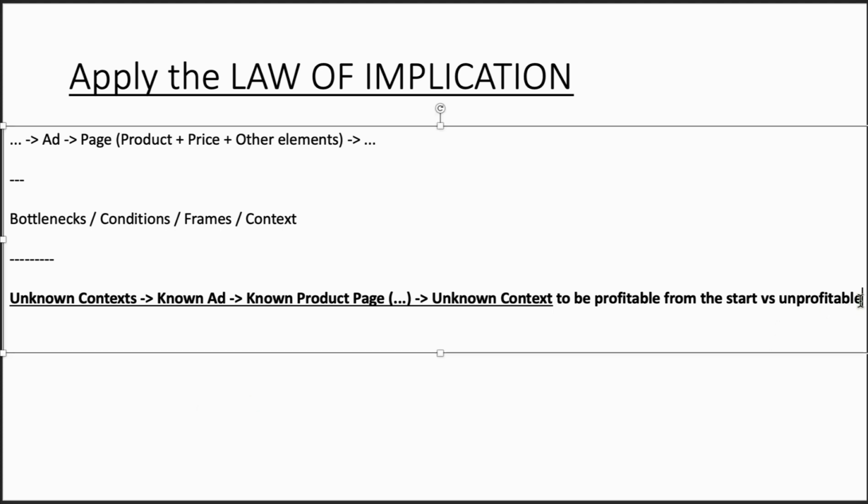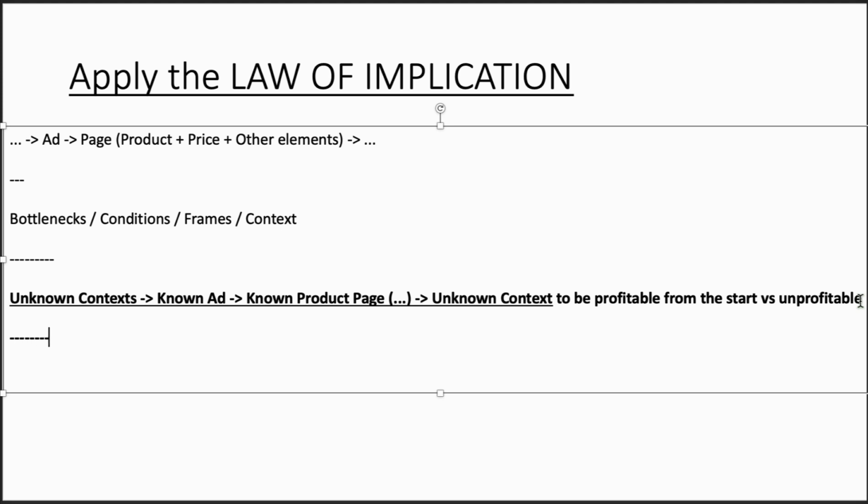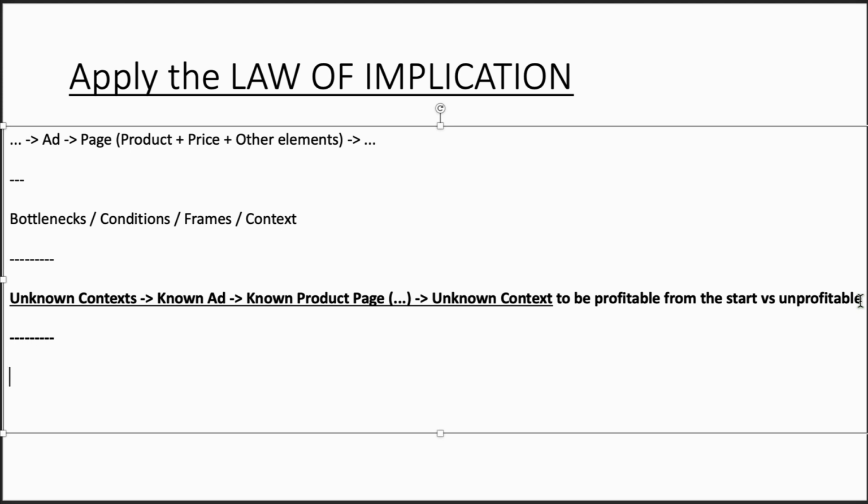The beauty with dropshipping is that we can copy others. And when copying others, if they have a particular ad, which we call the known ad, and a particular product page with the product and other elements, which is called the known product page, we have this.